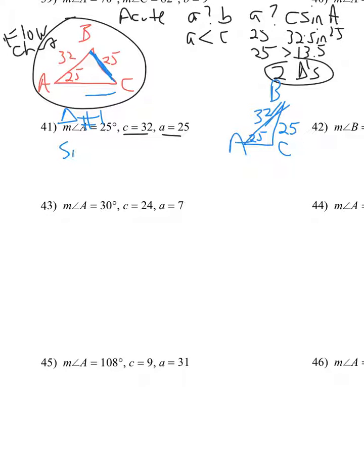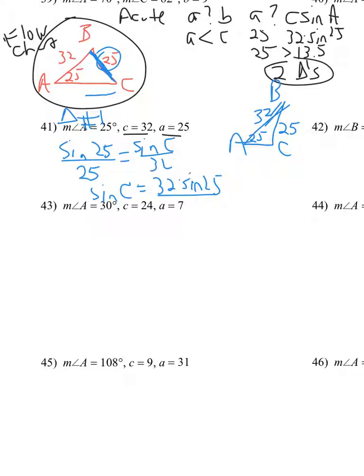So we're going to go sine of 25 degrees over little side A, which is 25, equals sine C over 32. If we cross multiply like we've done on the other problem, sine C will equal 32 times sine 25 divided by 25.